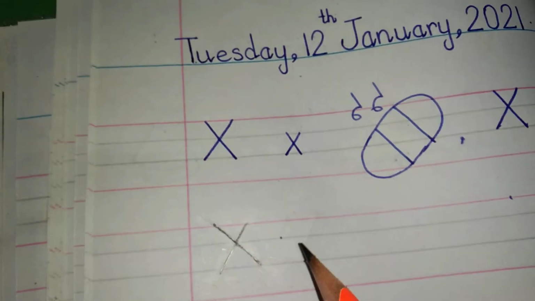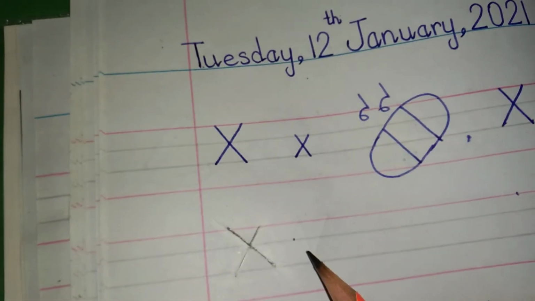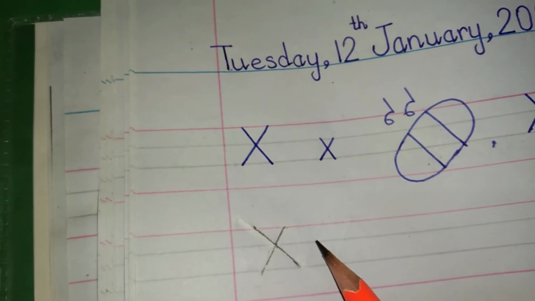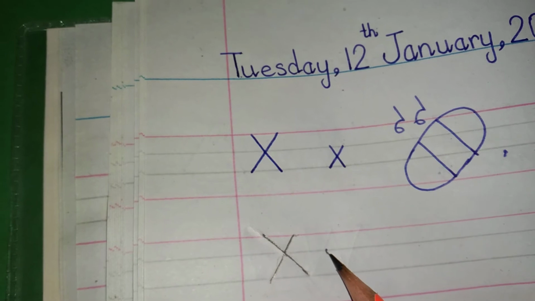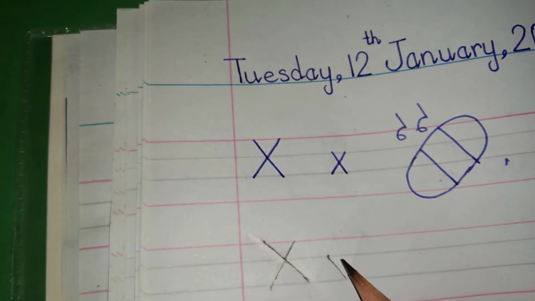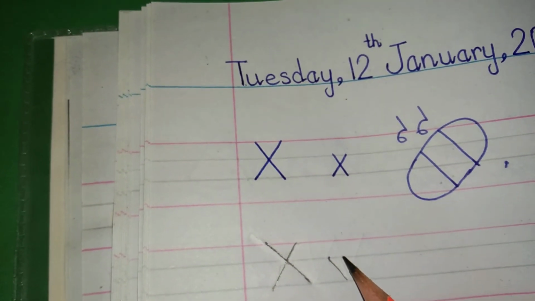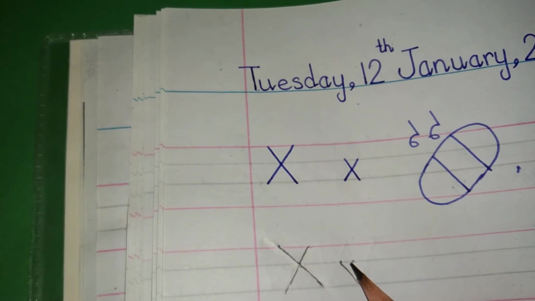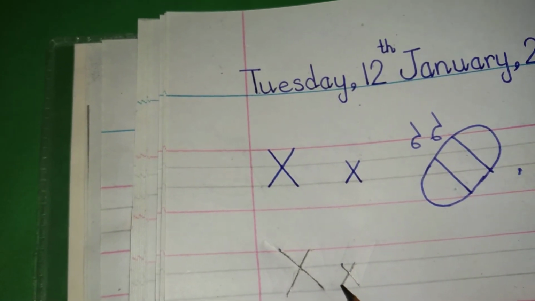Okay, now we will write small x. Start from the middle, make a slanting line down to the right and then go to the middle and make another slanting line down to the left like this.